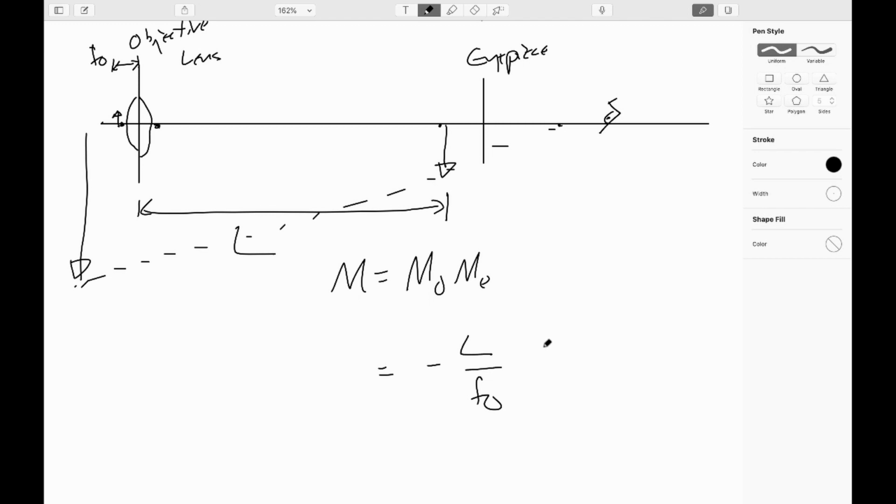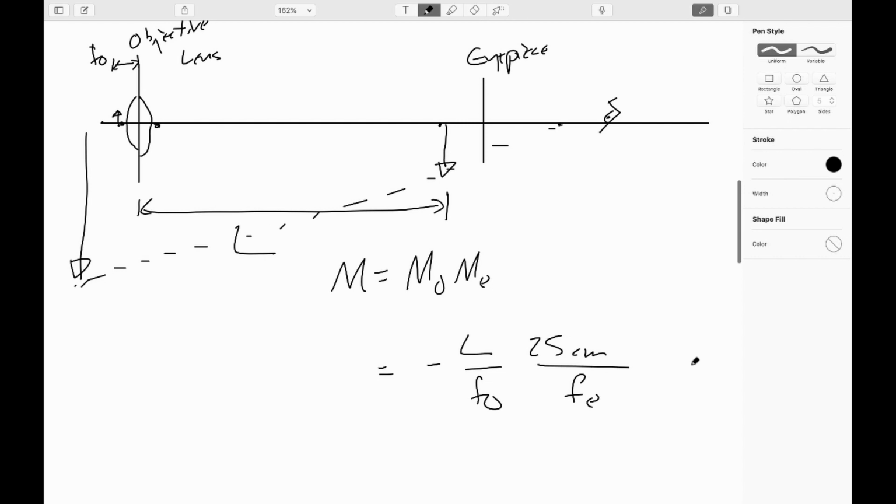And similarly for the eyepiece, that's our simple magnifier again, 25 centimeters over FE. And doing this, you can take things up to a couple hundred power before diffraction becomes a problem.